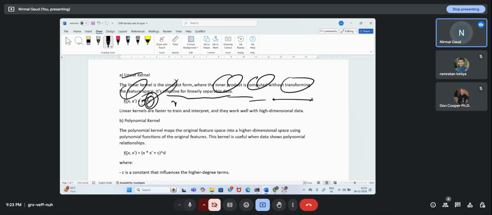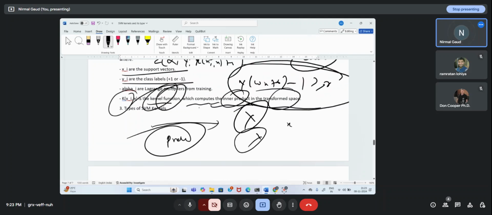If you multiply a point with a higher order function, it will be transformed accordingly. This function will perform the inner product in the transformed space of your data points.